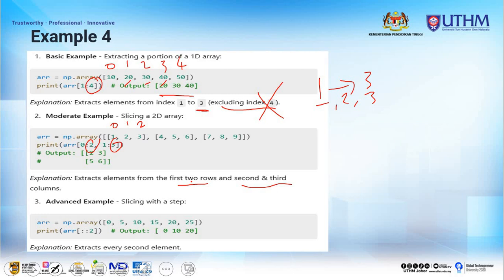The colon means there's no position restriction, but the step is given here, so every second element should be counted. So indexes 0, 1, 2, 3, 4, 5. Every second element is counted: 0, 10, and at index 4, which is 20. So you can see the output.